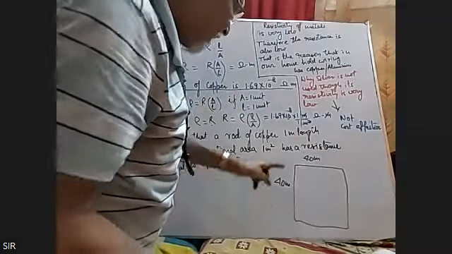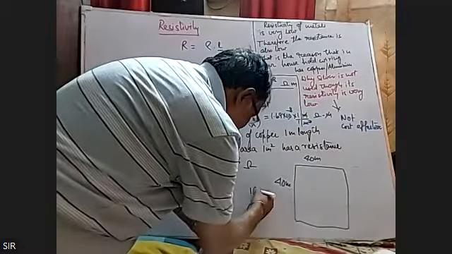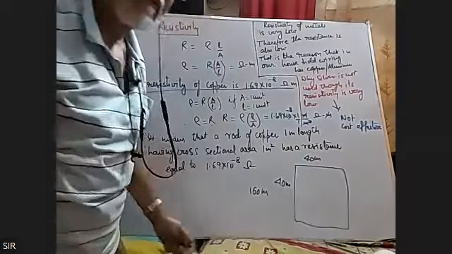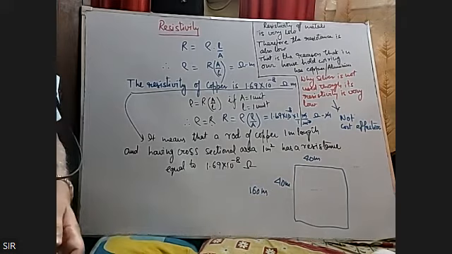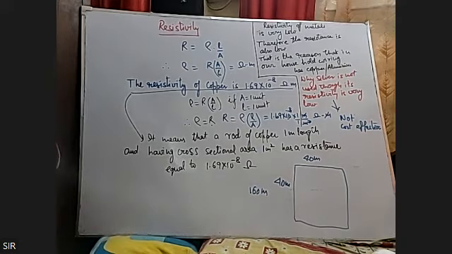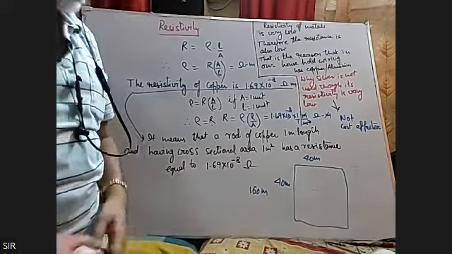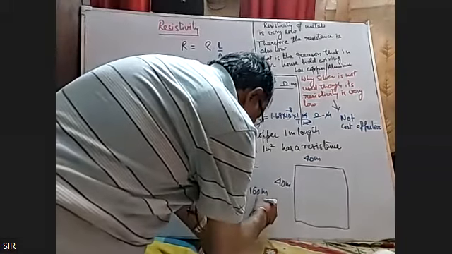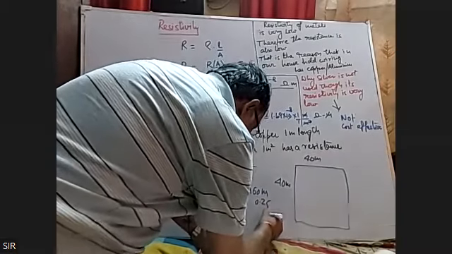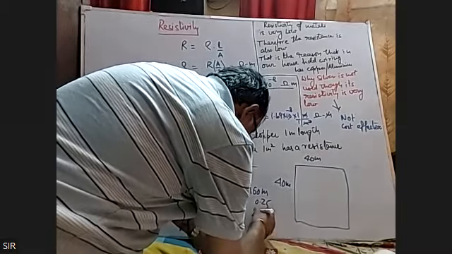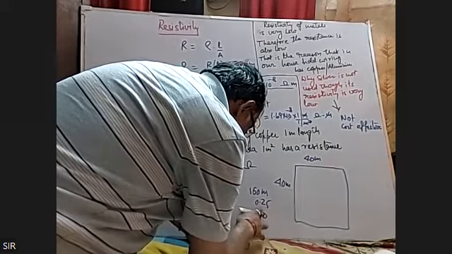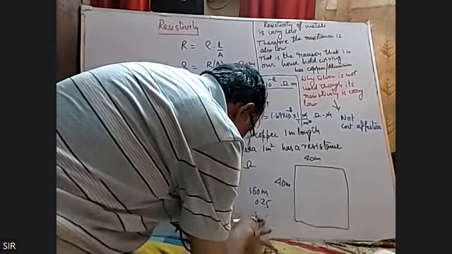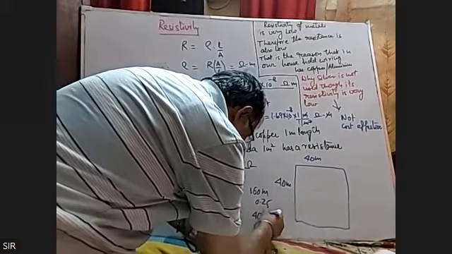So how much meter of silver wire you will require? 160 meter, right? 160 meter means 160, and then thickness of the wire, if I multiply, say thickness is 0.25. So this becomes 4 and 40 meter cube.